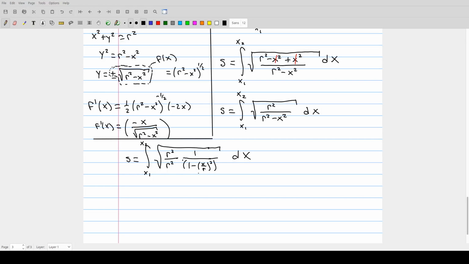I got this expression by noticing there's an r squared in the numerator, and if I factor out an r squared from both terms in the denominator, I get another r squared. So these two terms simplify very nicely for me.